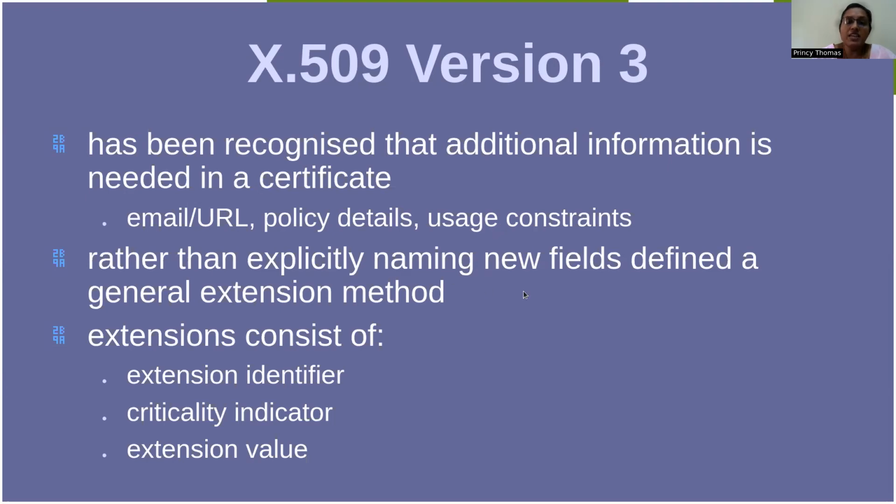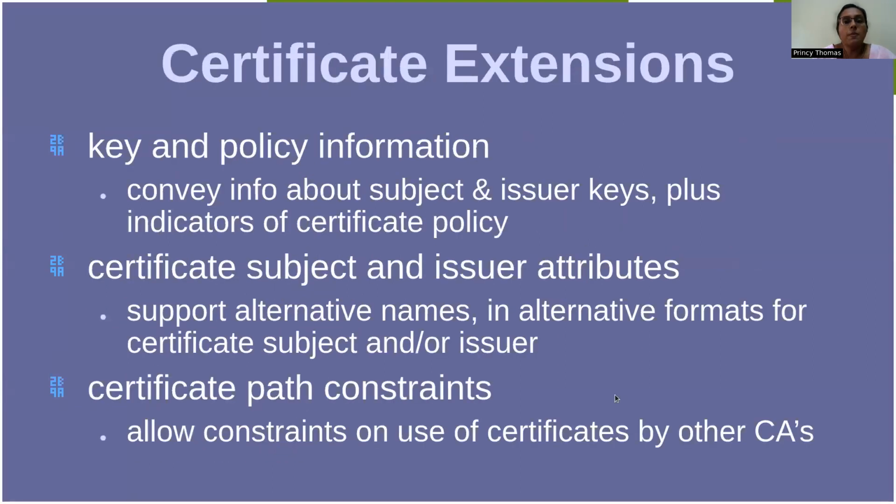Rather than explicitly naming the new fields, they are defined in a general extension method, and some of the things that can be contained there are extension identifier, criticality indicator, extension value, etc. Now, what are the extensions possible? Key and policy information conveys information about subject and issuer keys, plus indicators of the certificate policy.